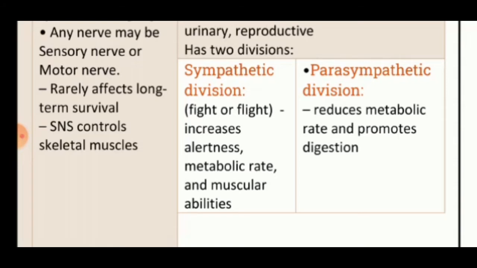So this is unconsciously controlled. But this is not a stress condition to use a sympathetic division. That's why a special division is made for involuntary controls that are not stress. These are rest. Parasympathetic division. So remember, sympathetic division, stress condition, fight or fright. Parasympathetic, rest and digest.